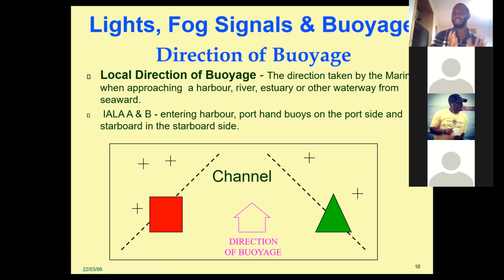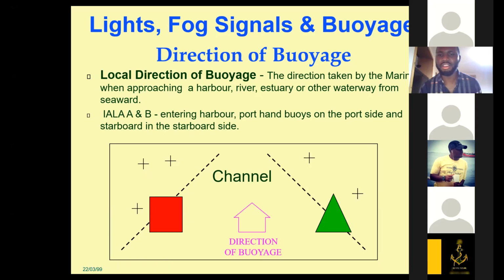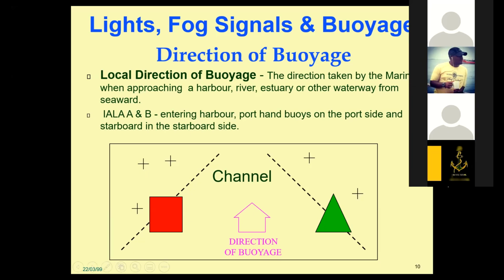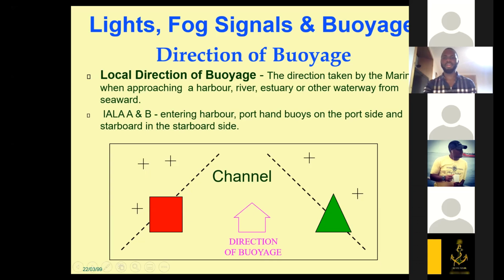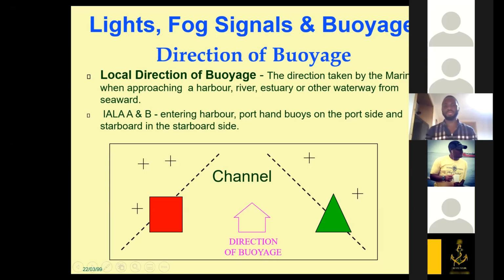So the IALA region A and region B entry on the port and starboard side is what lateral marks will always help us to achieve. When you see a green lateral mark on the starboard side, can somebody tell us what that means? Green lateral mark, starboard side. Anyone? You can drop it in the chat.